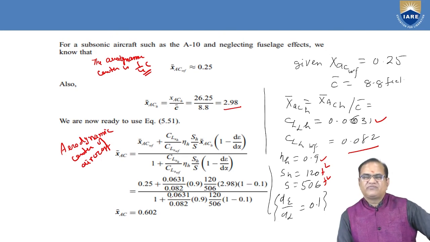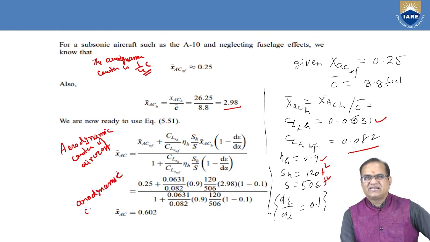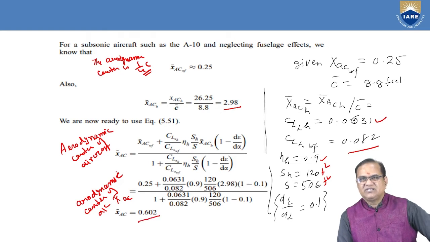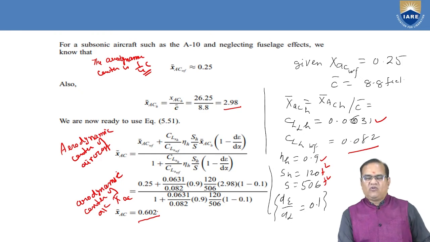Putting these values in and calculating, we have got the aerodynamic center of the aircraft, X bar AC, as 0.602.